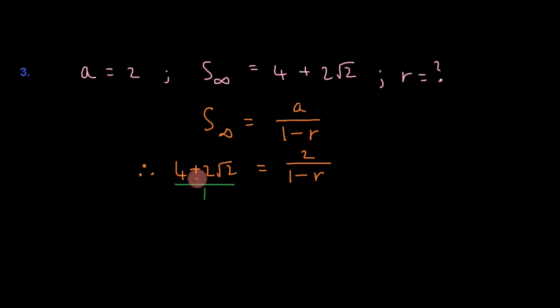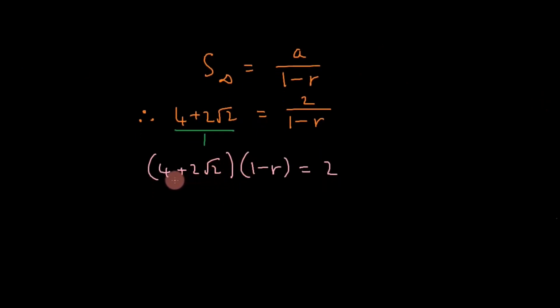So we have 4 plus twice root 2 multiplied by 1 minus r, and this equals 1 times 2.